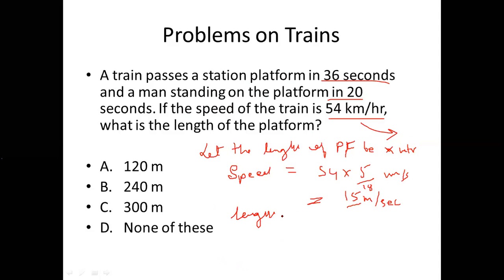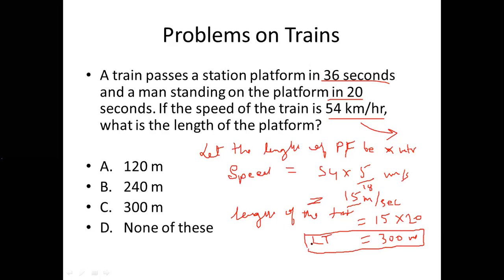So we can find the length of the train. The length of the train will be 15 that we got into 20, that will be 300 meters. If we multiply 15 into 2, that is 30, and so the length of the train, LT, I'm putting it in short form. Length of the train is this much.